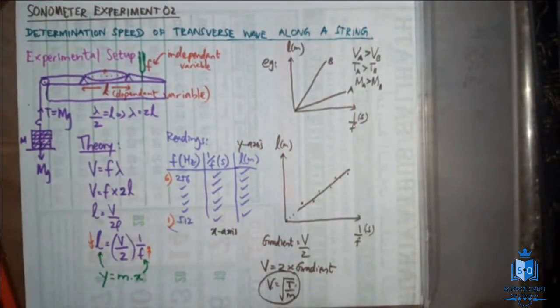Capital M is the mass of the weights we use here. Simple m is the mass per unit length. Well, I hope that part is clear for you.